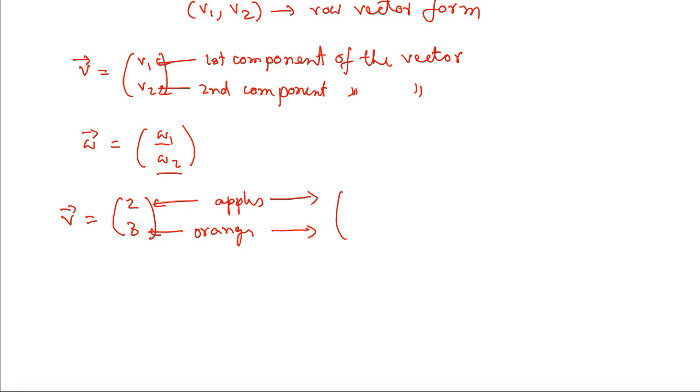I'm just going to write in a more convenient way. 4 apples, 5 oranges. The fact that I'm writing w to the right of it means that it's the same thing, just for convenience. So now we want to add it. I have one basket with 2 apples and 3 oranges, another basket with 4 apples and 5 oranges. So if I combine them, add them, what happens next?